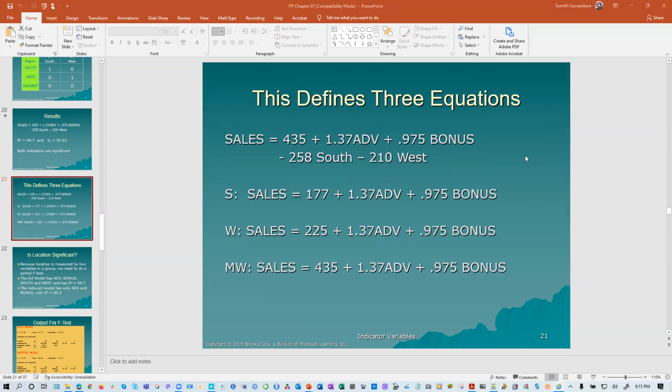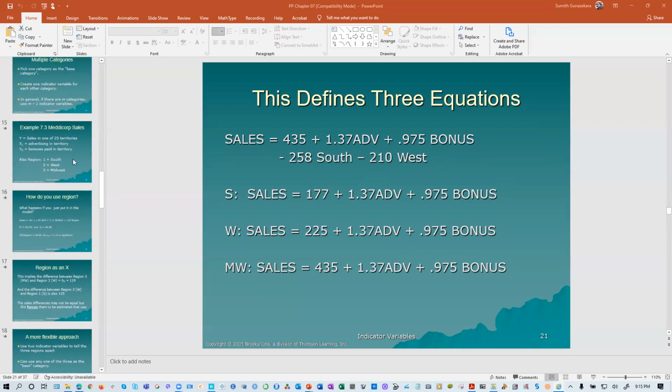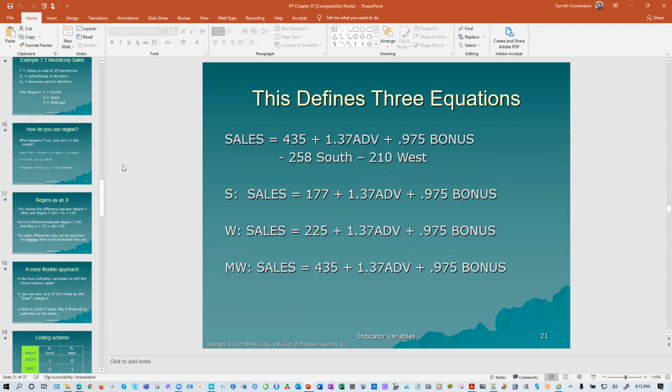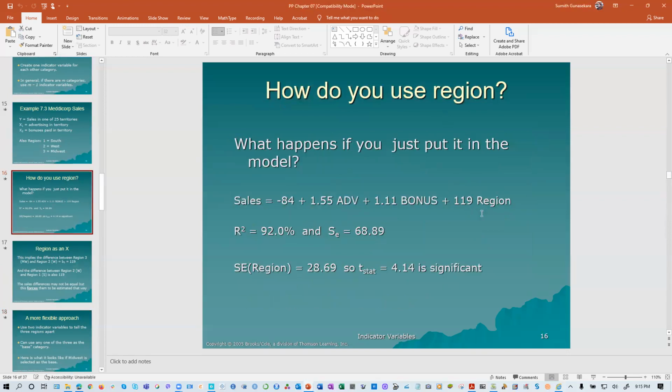If you have three levels, you need only two, because the other level has been set as a base. So if you do this one, now you want to see whether the south or west, the region overall, is important in explaining the sales. But we fitted this one with the region as well too.